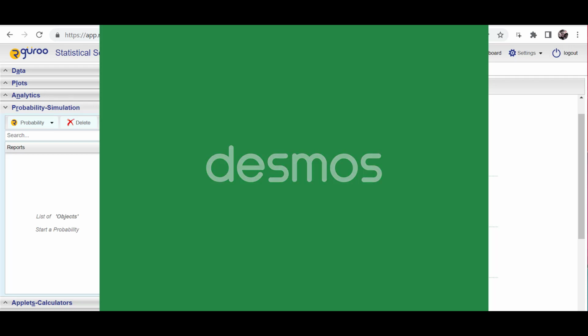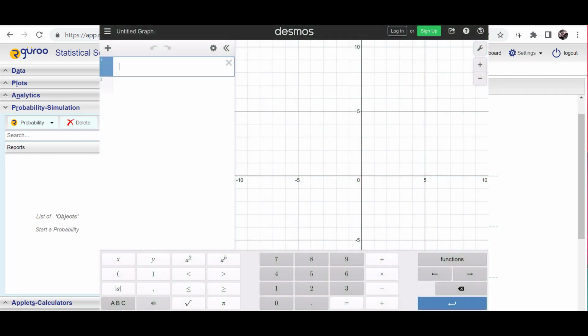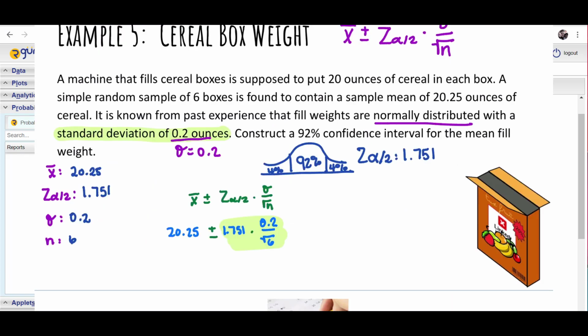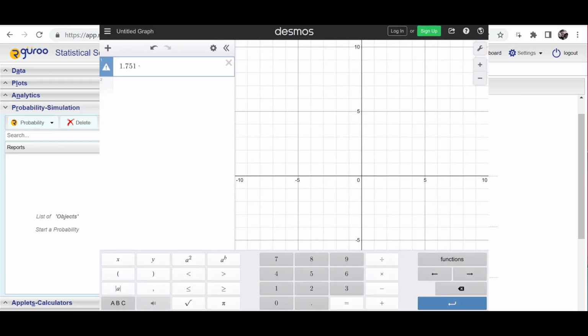Now, if they ask me what the margin of error is, I would do 1.751 times, what was this standard deviation, 0.2, divided by the square root of 6, and you get 0.1429, and so on.